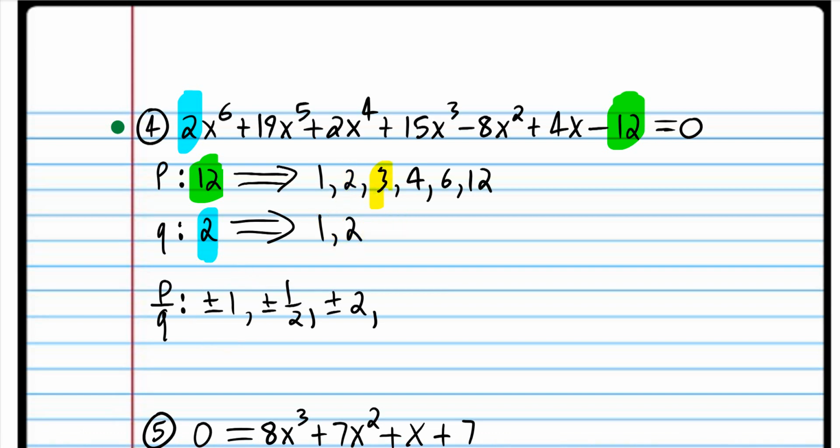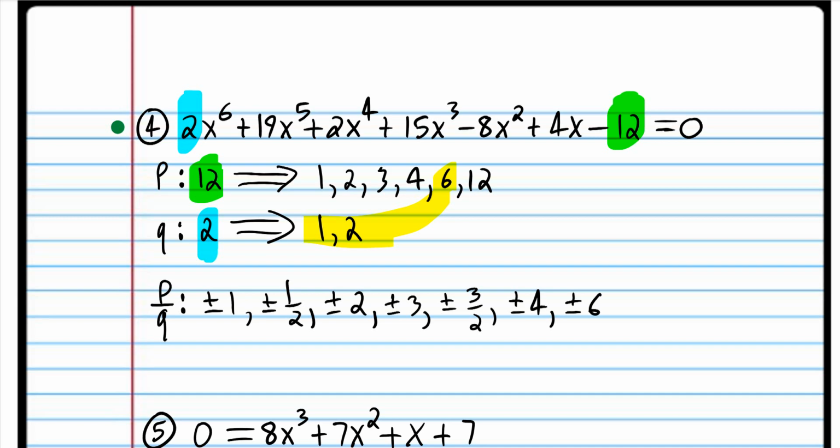And 3 divided by 1 is 3. And 3 divided by 2 is 3/2. And 4 divided by 1 is 4. And 4 divided by 2 is 2. So we already have that on the list, so we don't have to write that. 6 divided by 1 is 6.